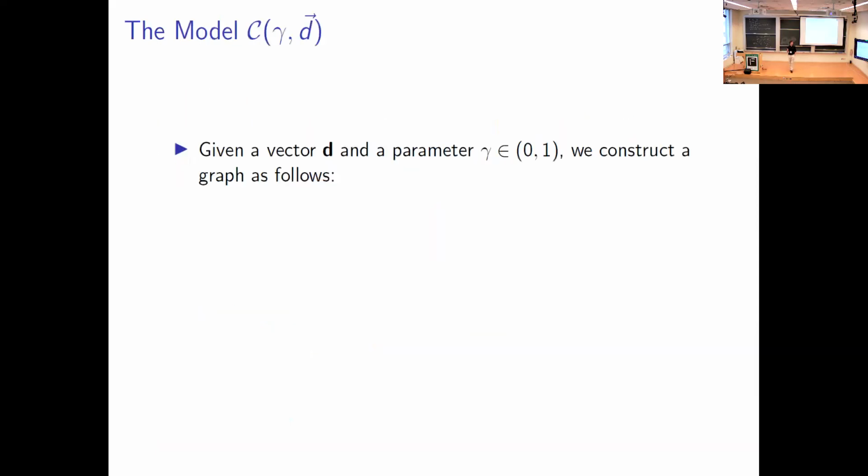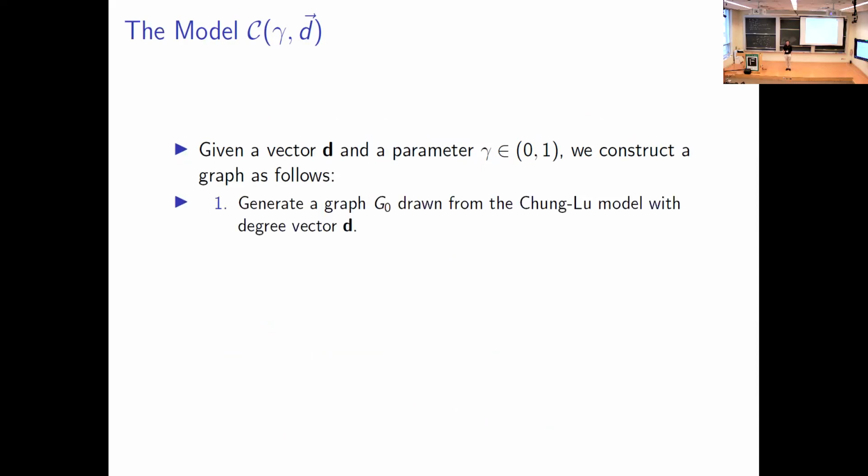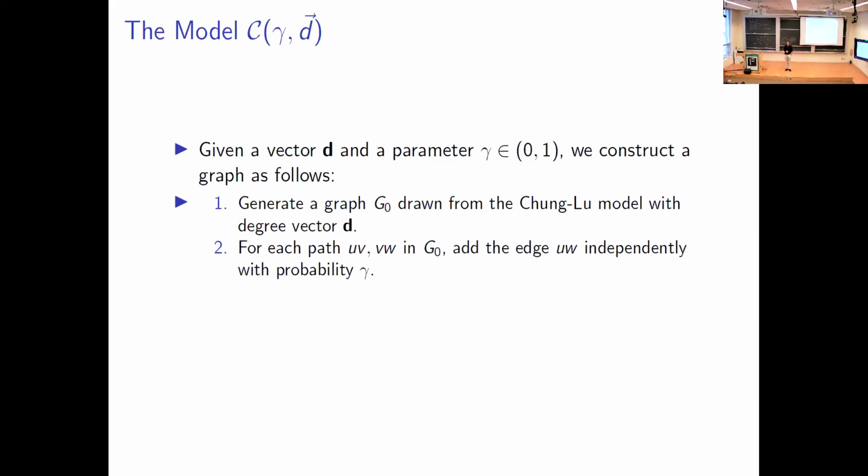Well, here's the model that we're going to introduce. So I'll start again with my vector d and a parameter gamma in (0, 1). And what we'll do is we will first draw a Chung-Lu random graph with this vector d. Great. I'll call that G naught. G naught will be used to denote the first stage of this construction for the remainder of the talk. Second step.